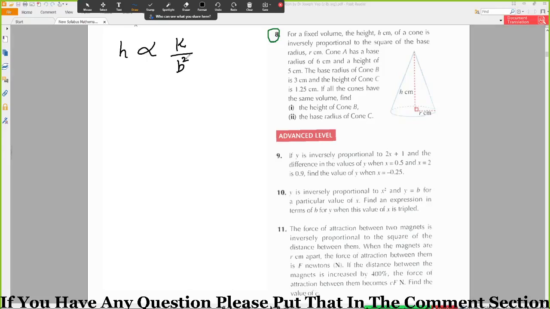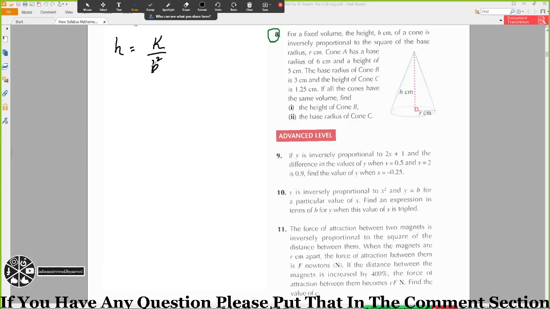Okay, so your H will be inversely proportional to the square of the R, not just R. So this will look like this: H will be equal to K by R squared.